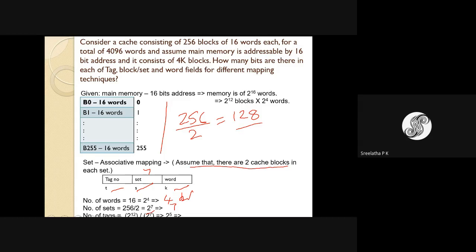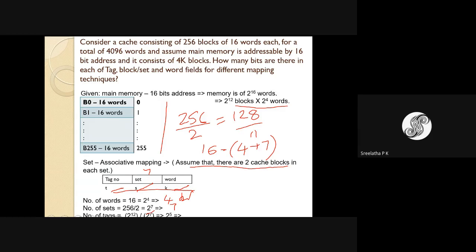Coming to the tag number, the number of address bits is 16, so you can get it as 16 minus 4 plus 7.